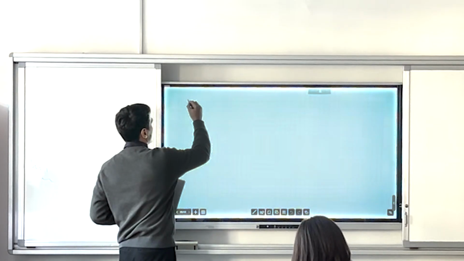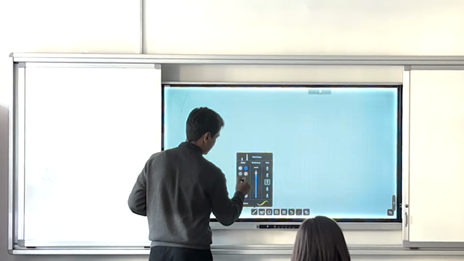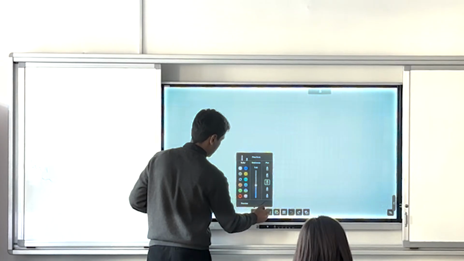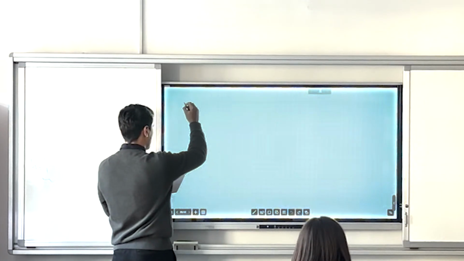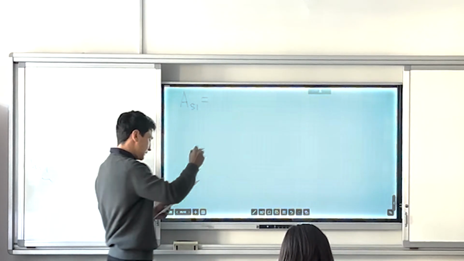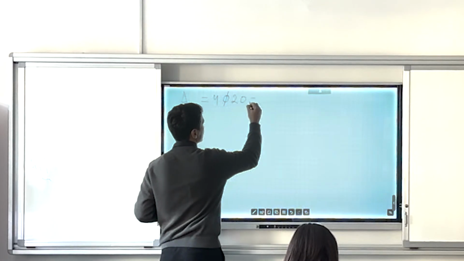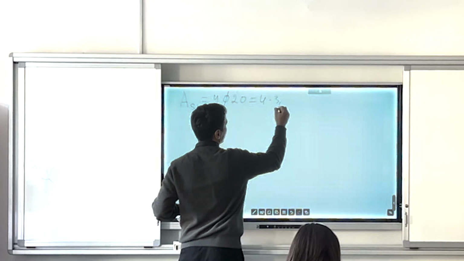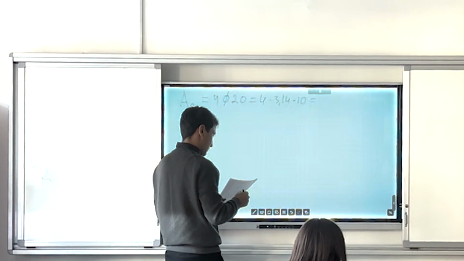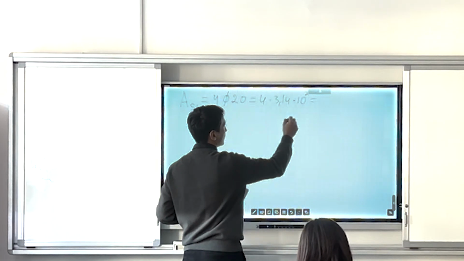Now I'm going to find AS1, which is the area of the bottom reinforcement. It is equal to 4 rebars of diameter 20, which will be 4 multiplied by 3.14 multiplied by 10 squared, because it's pi r squared.